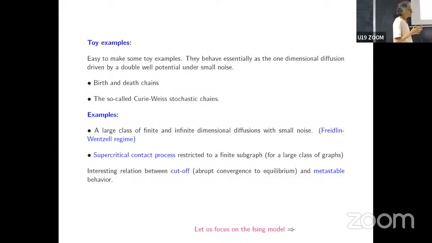So this is a process where the infection can stay forever, like you have an endemic situation, depending on the value of the parameter. And the point is that when you restrict it to a finite set, then there is no way it will stay forever. But nevertheless, it will keep this behavior: if you look at time averages, it looks as if it were in equilibrium because the volume is very large. So you look at a finite set, you don't know that it's going to die because it looks very close to the equilibrium. So there are many examples.